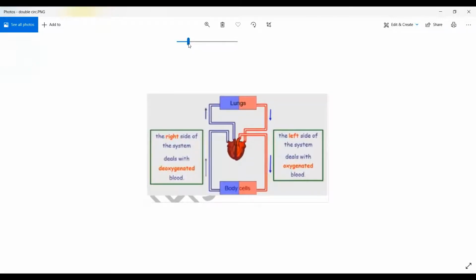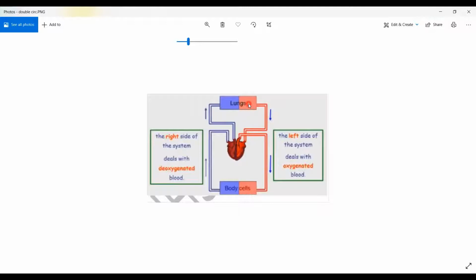Now here it's already drawn. This is the heart, of course. This is the lung area, and this represents all the body cells. This rectangle represents the lungs, and this rectangle represents all the body cells.